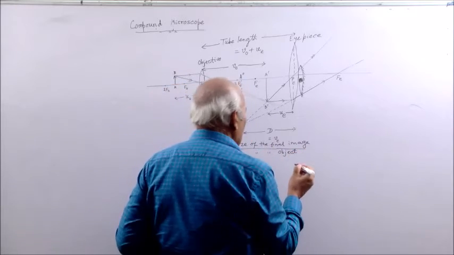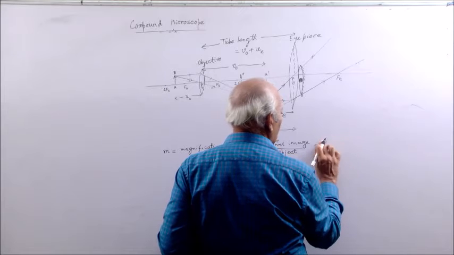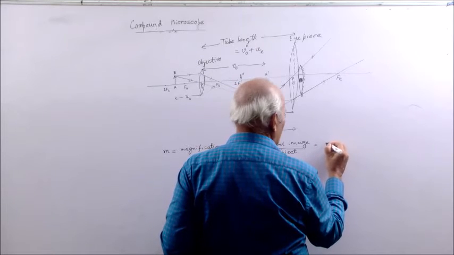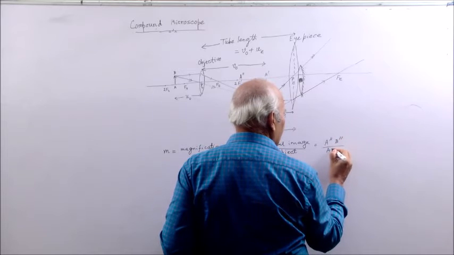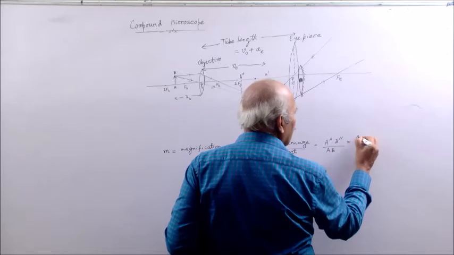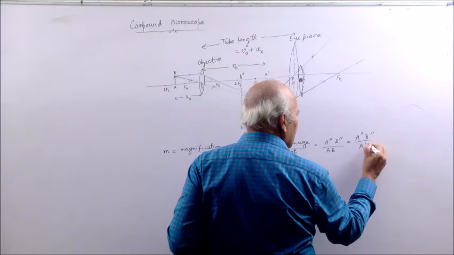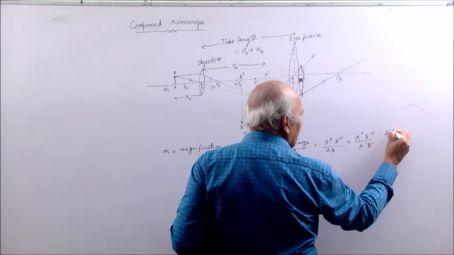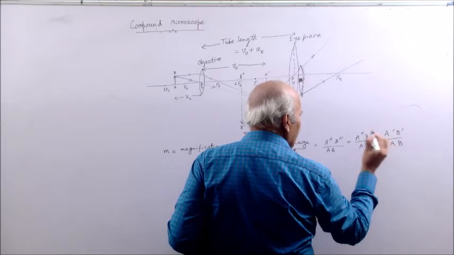So, it will be size of the final image, A double dash B double dash, by AB, and this we can write as A double dash B double dash by A dash B dash, then A dash B dash by AB.